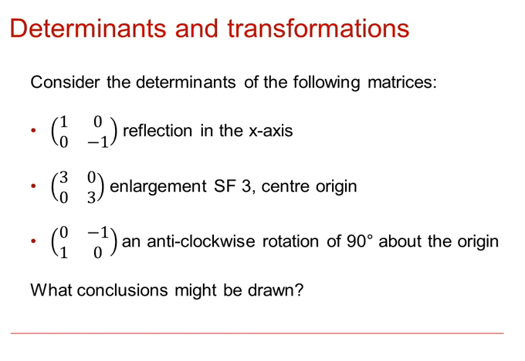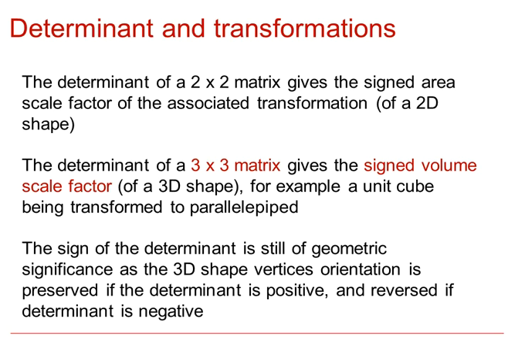For 0, 1, minus 1, 0, which is an anti-clockwise rotation of 90 degrees about the origin, again we have a positive determinant, and therefore the orientation remains the same. So overall our conclusions are that when you have a negative determinant, you will have a reverse orientation to a transformed object.